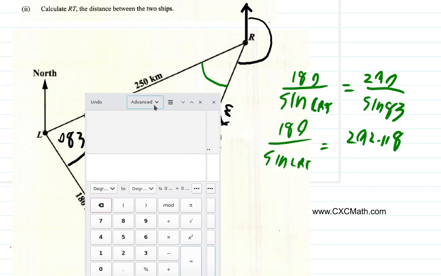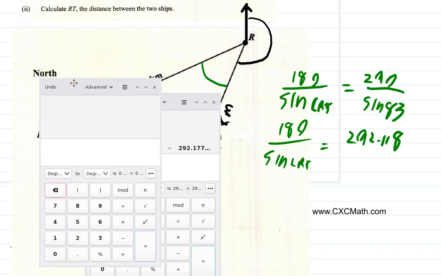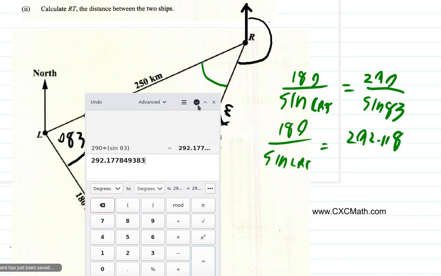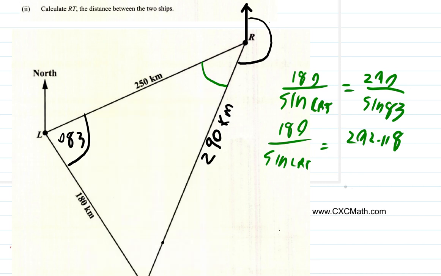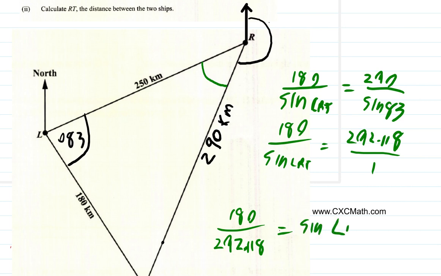Alright? So that is that. Now, we could put 292.118 over 1, and then if you multiply both sides by sine LRT and divide by 292.118, or as they say, you do some cross multiplication business, what you would get is 180 divided by 292.118 equals sine LRT.